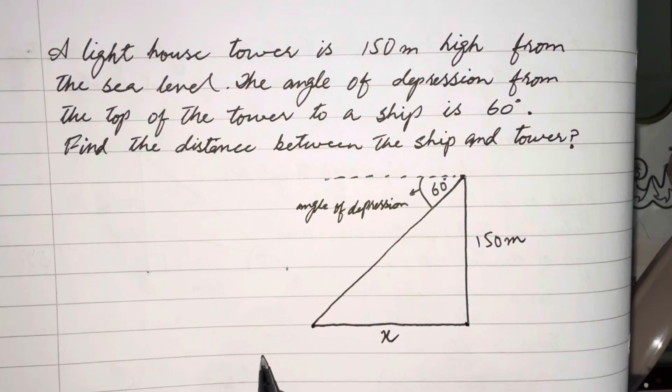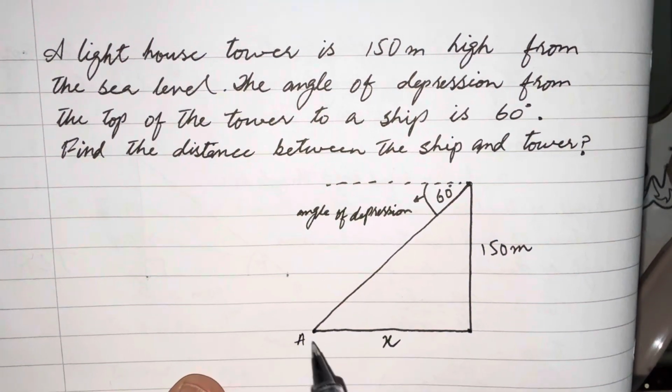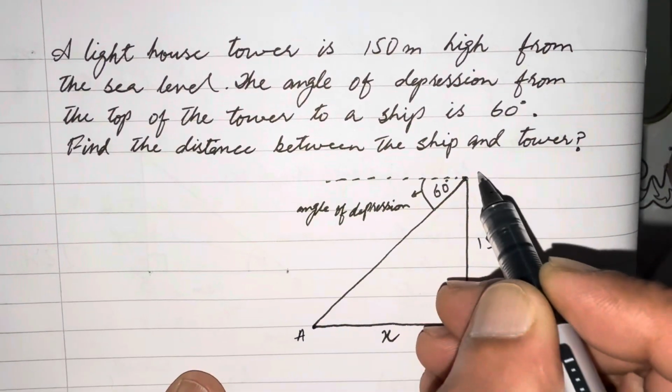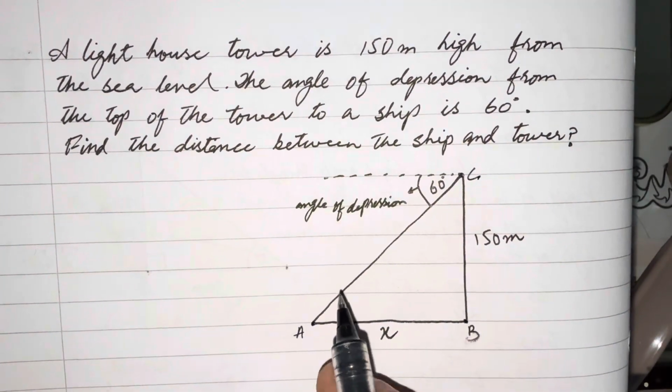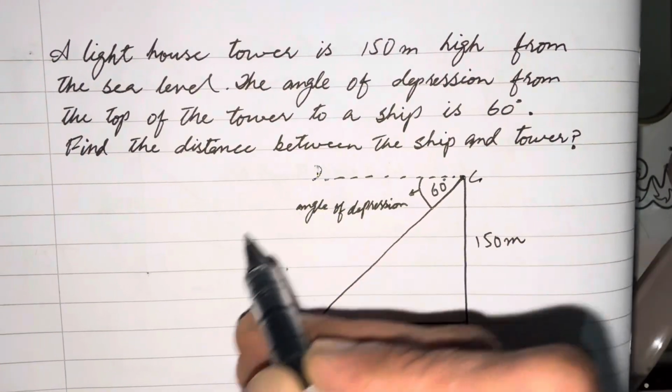There is a right angle triangle in front of us, and we give it the names A, B, C. And this point is D.